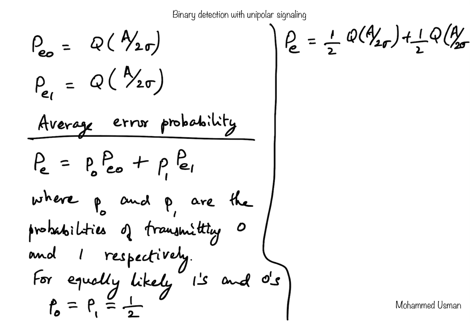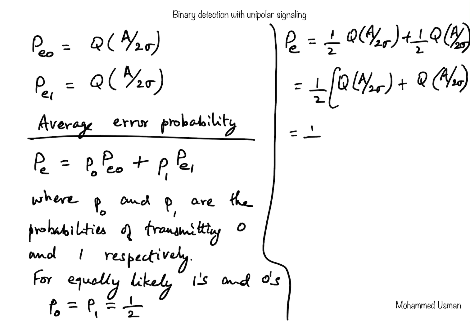So we can take this half as a common factor. So half into Q of A by 2 sigma plus Q of A by 2 sigma, which will become half into Q plus Q will become 2 times Q of A by 2 sigma.